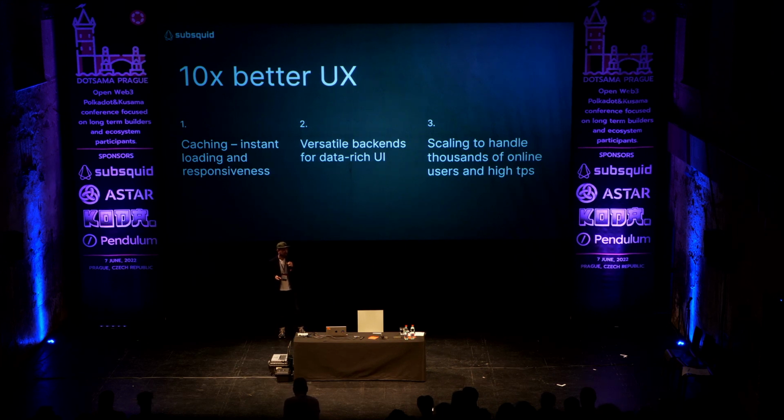If you want to do this kind of stuff with just a direct blockchain connection, then you are going to hit the limitations of the infrastructure. And scaling blockchain nodes is a lot more difficult compared to scaling usual APIs like REST or GraphQL APIs.